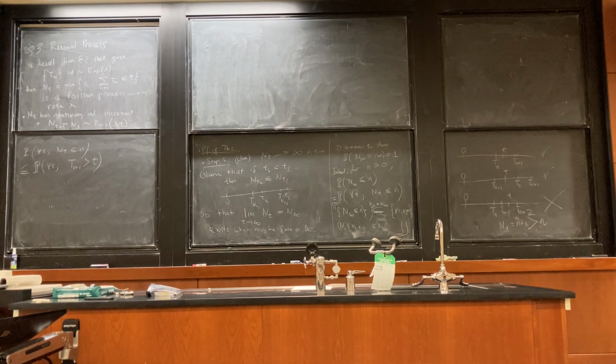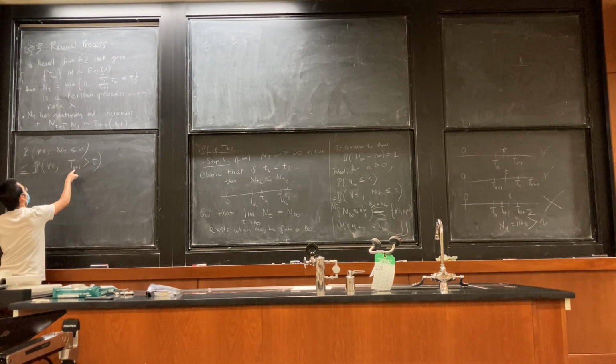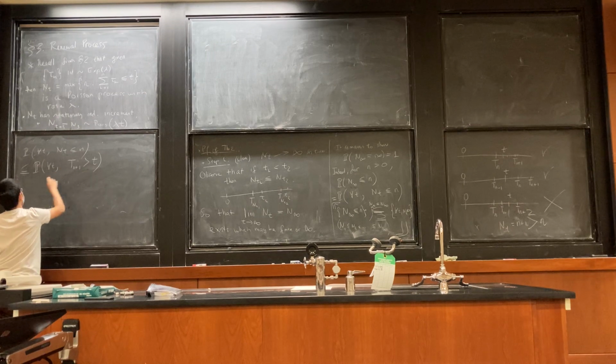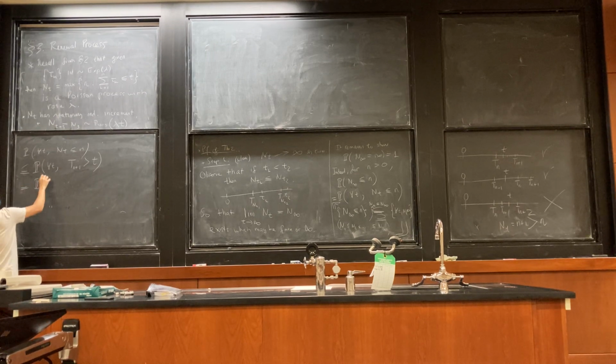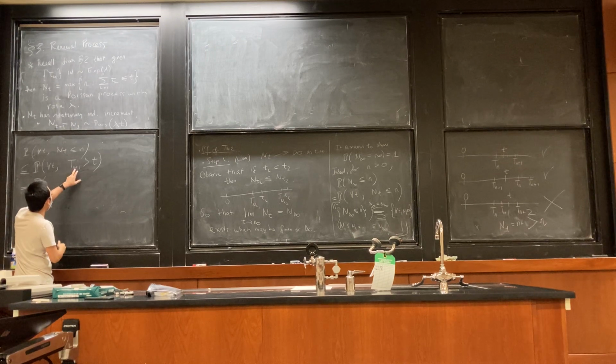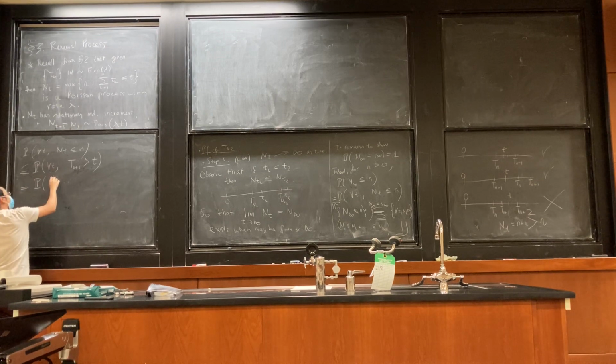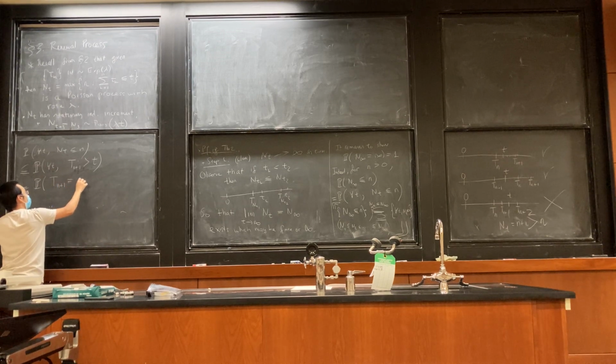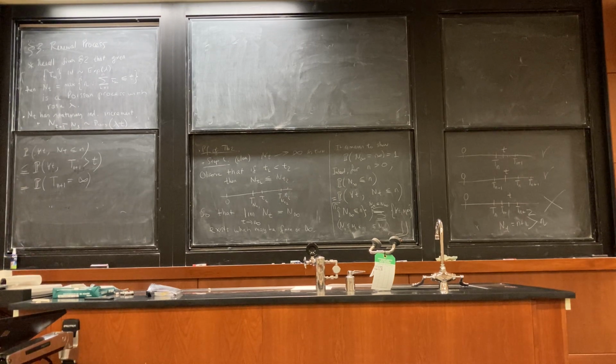Yeah, just like the Poisson process. If the number of guests is bounded by n, that means the n plus 1 guest has to arrive after time t. Right? So for all t, this is this. So this is the same as the n plus 1 guest arriving after time t for all t, that is the same as this arrival time actually being infinite. Because it is bigger than anything, so it has to be infinite.